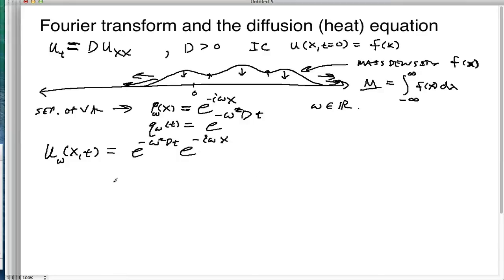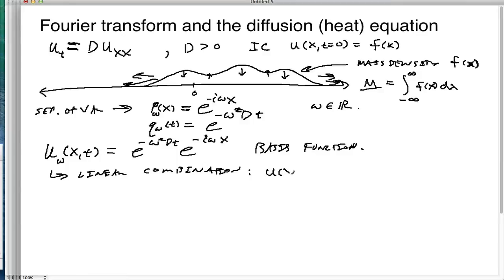All right, so this is a basis function, and what we want to do is, of course, do a linear sum. That linear combination is going to be u(x, t), and this is to create a general solution.